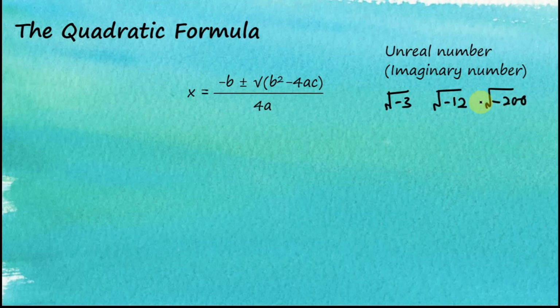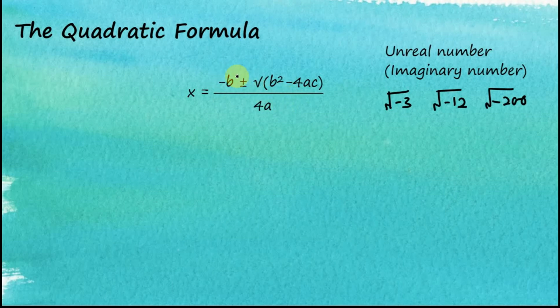Square root of any negative number is an unreal or imaginary number. In a nutshell, the plus minus here indicates that we're going to have two roots, and the square root here indicates that we are going to have a real root or unreal root. Now let's explore this to see what it really means.